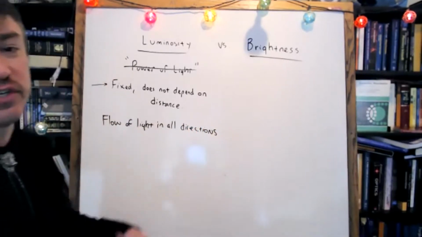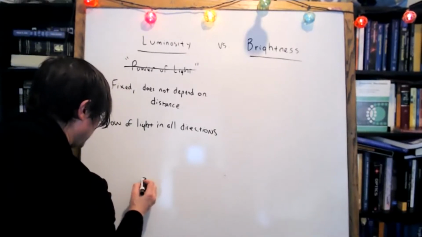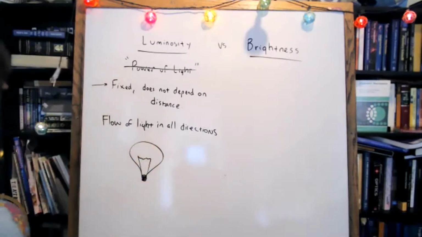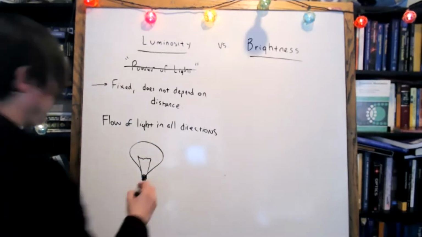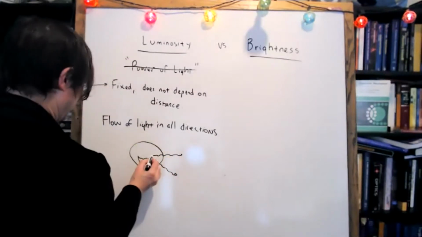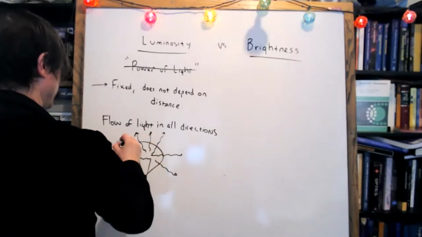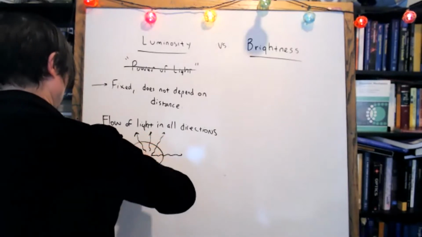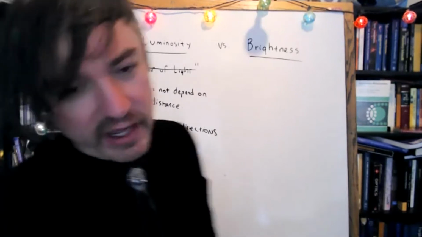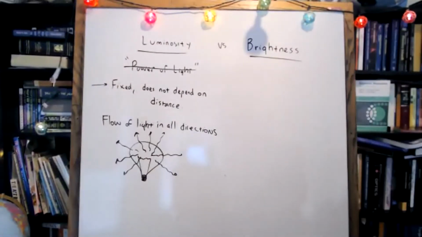So if I was trying to draw luminosity, let's try to draw it with a light bulb. I would draw the luminosity as a bunch of rays of light leaving the bulb in all 360-degree directions. In reality, it's 4 pi steradians, but that's over your head.